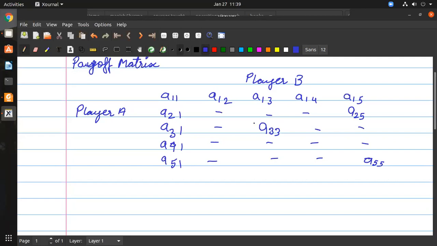Anyhow, the idea here is to help these competitors, who are competing in a situation of win and lose, to have a proper strategy. They may have a certain number of strategies.